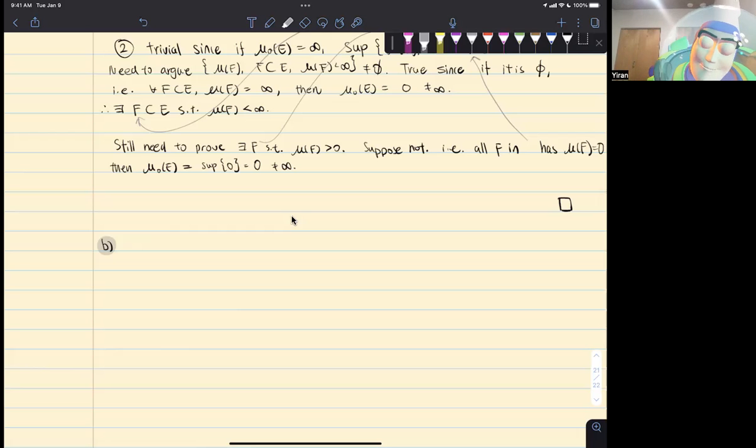That also tells us that each Ej is sigma finite, because you have E and you split your E using Kj.